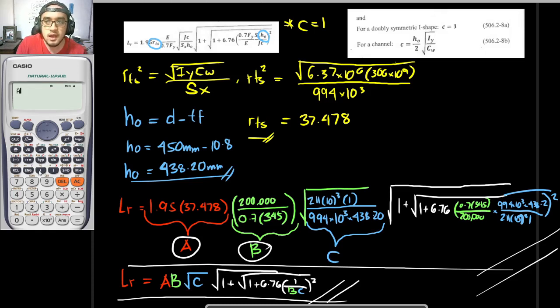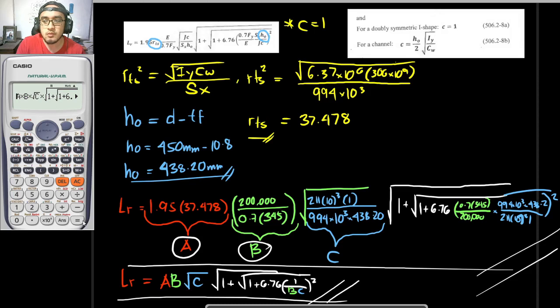So A times B times the square root of alpha C times the square root of 1 plus the square root of 1 plus 6.76 times 1 over B times C, squared.